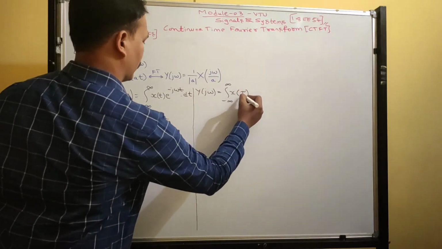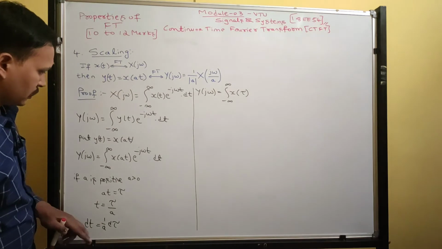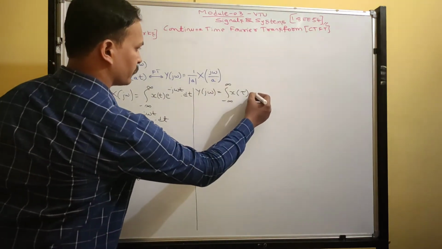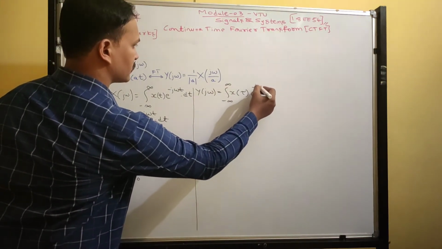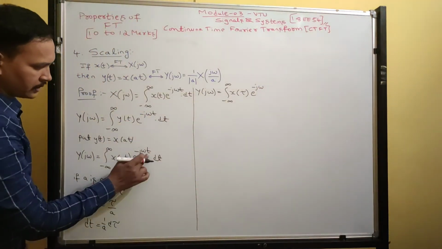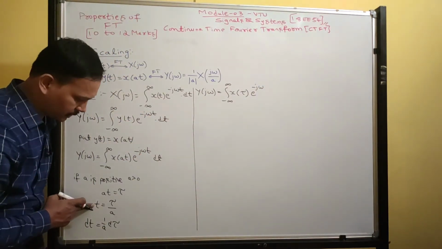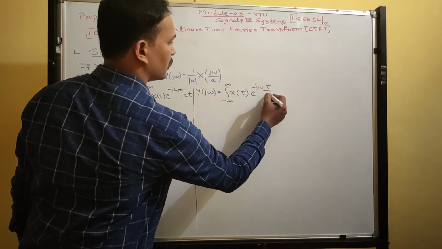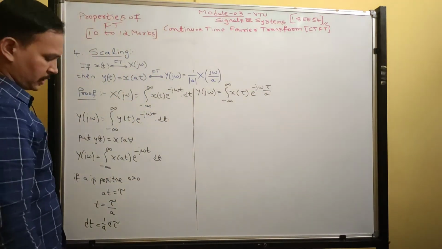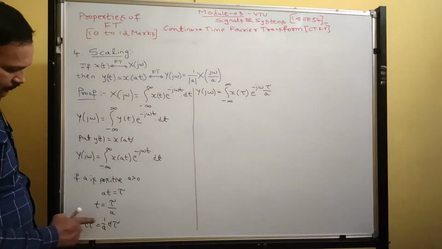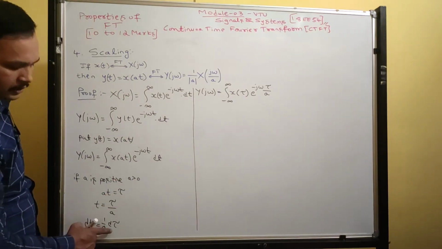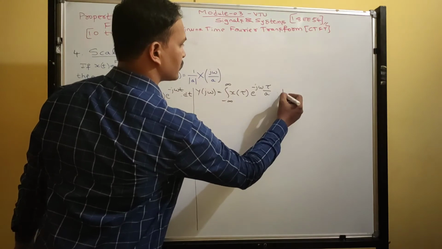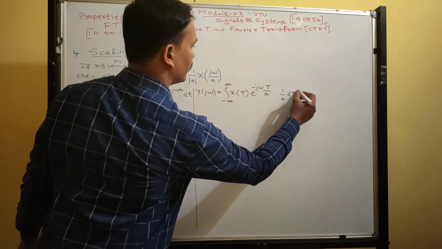X of tau, into e to the power of minus j omega, what is t? I can write t as tau by a, so minus j omega tau by a, into dt. What is dt? dt is again 1 by a d tau.